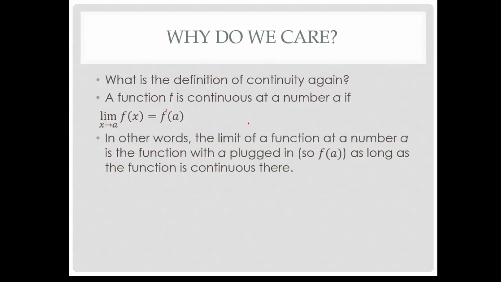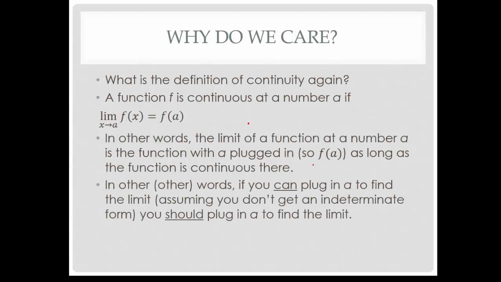So in other words, the limit of a function at a number a is the function with a plugged in, in other words f of a, as long as the function is continuous there. Again, with the assumption that you're not making a denominator equal to 0. So if you can plug in a to find the limit, assuming you don't get an indeterminate form or a 0 in a denominator, you should plug in a to find the limit.